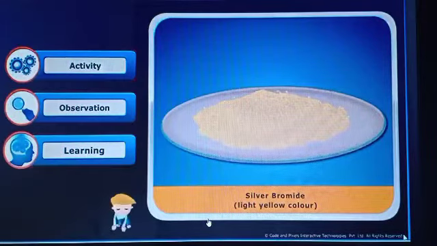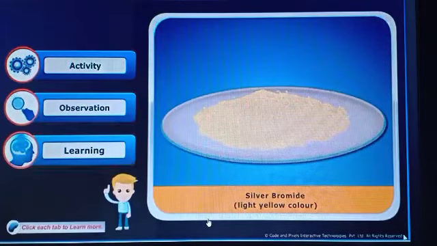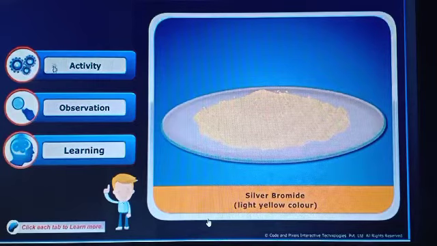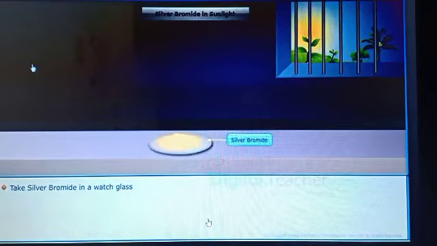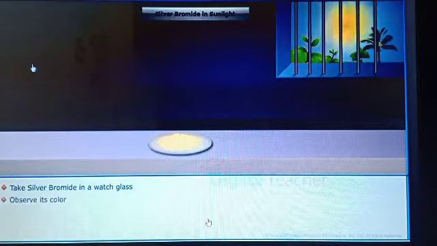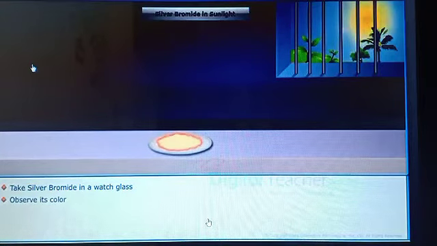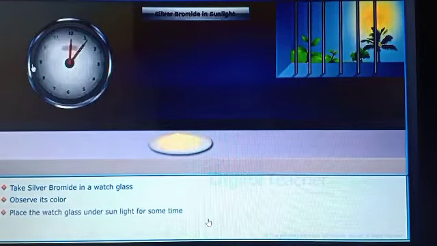Now let's see another activity, that is silver bromide, which is light yellow in color. Let's have a look. First of all, take the silver bromide, keep it in the sunlight, and observe its color. Let's see the observation.